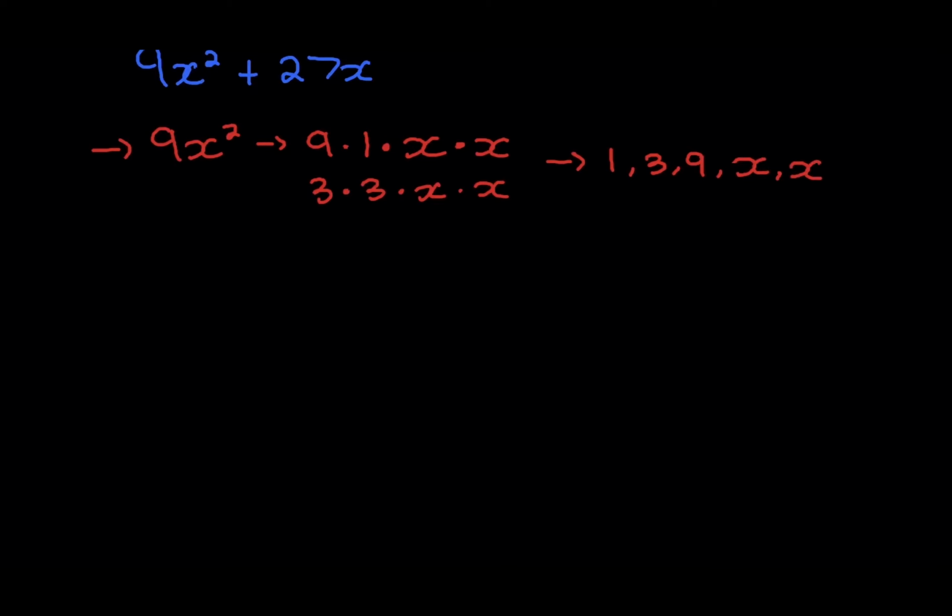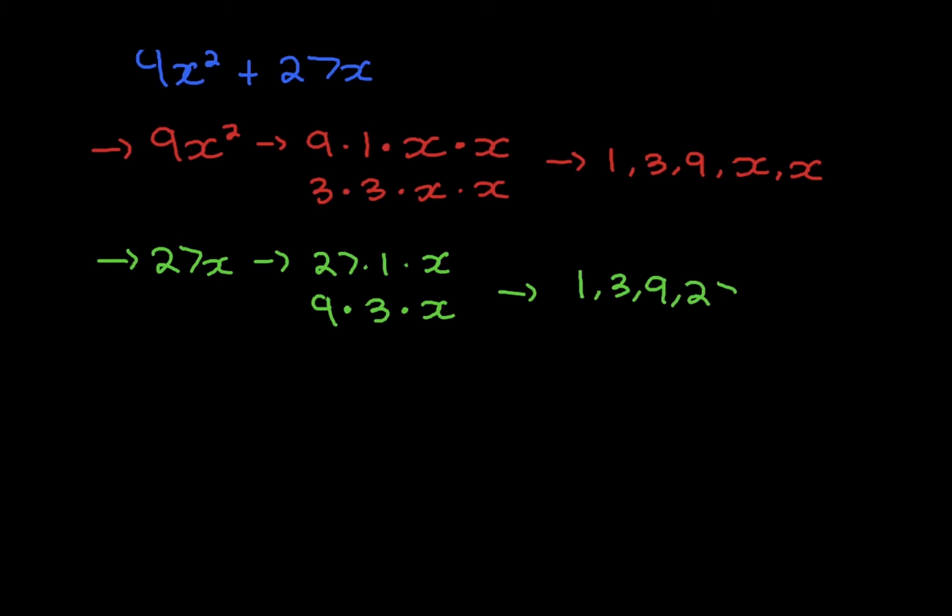The factors of 27x would be 27 times 1 times x, or 9 times 3 times x. Let's simplify this also. You get 1, 3, 9, 27, and x. x only appears once here; over there, x appears twice, so that's why I wrote it twice.